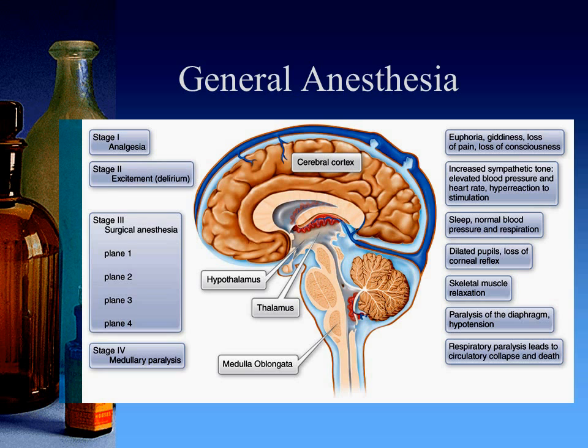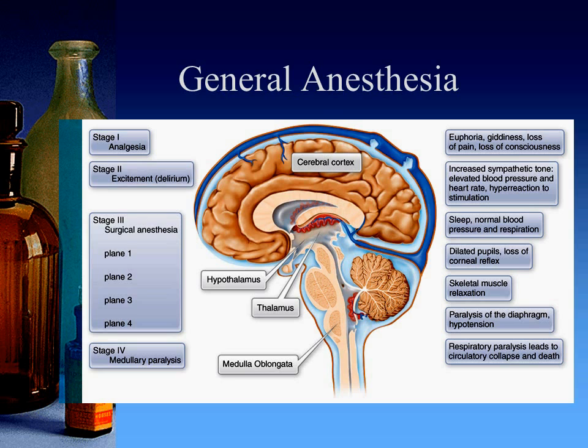This stage is characterized by a decrease in response to pain and hence analgesia. It also brings a feeling of euphoria, of well-being, of elation, and then a gradual going to sleep. So that's the first stage that we have in general anesthesia.